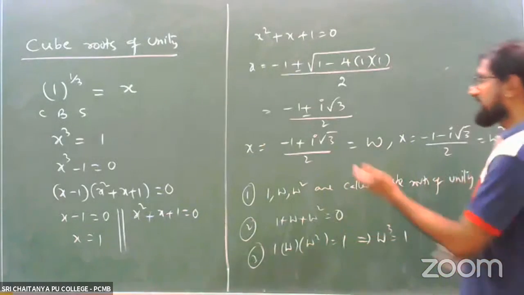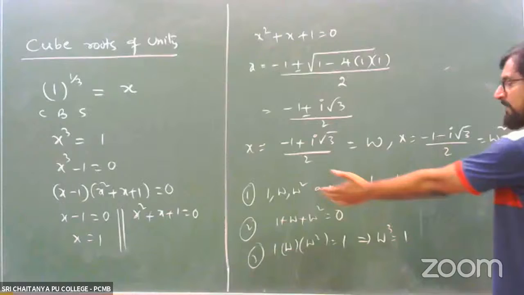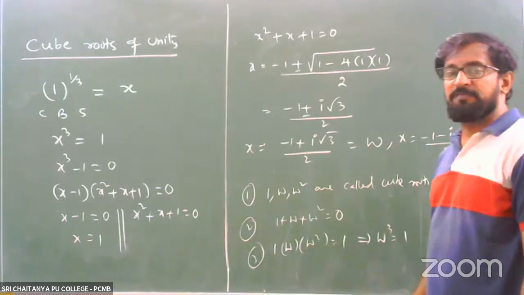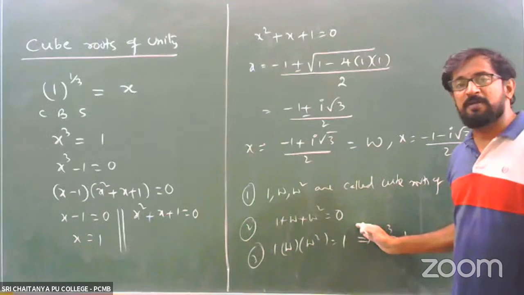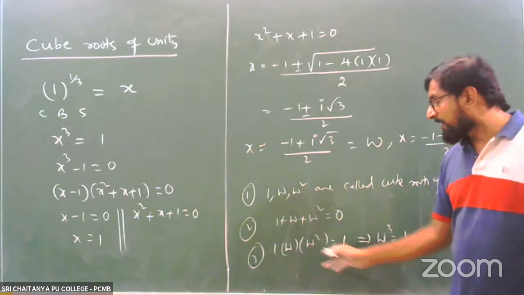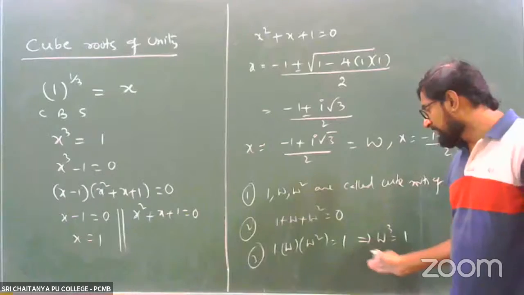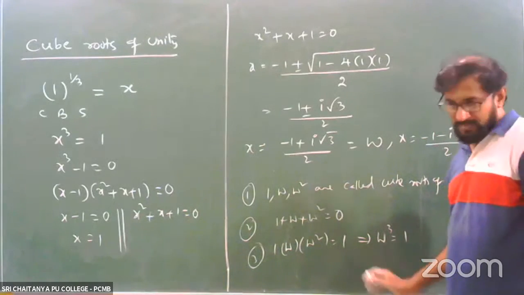Understood? So these are the 3 points. 1, omega, omega square are called cube roots of unity. 1 plus omega plus omega square, the sum of cube roots of unity, is equal to 0, and the product of cube roots of unity is equal to 1, which means omega cube is equal to 1.